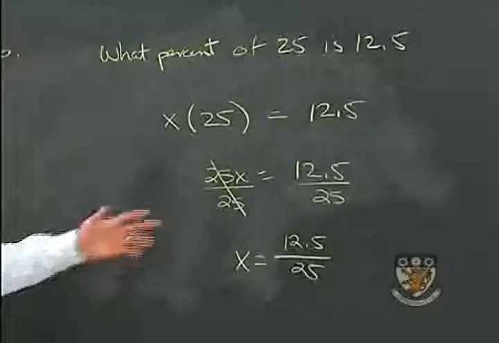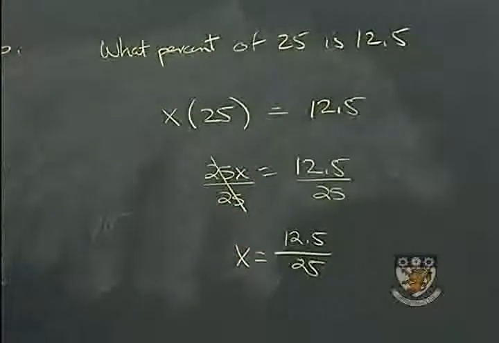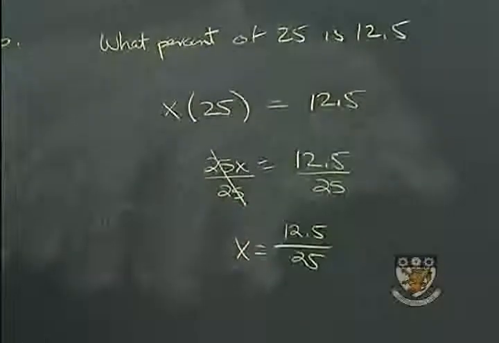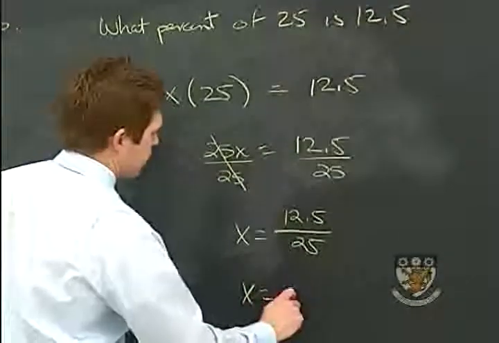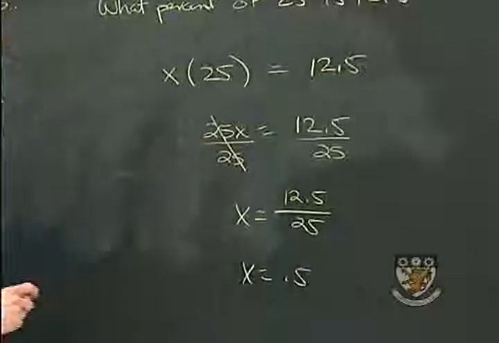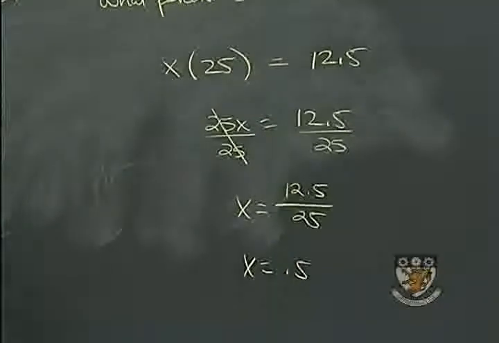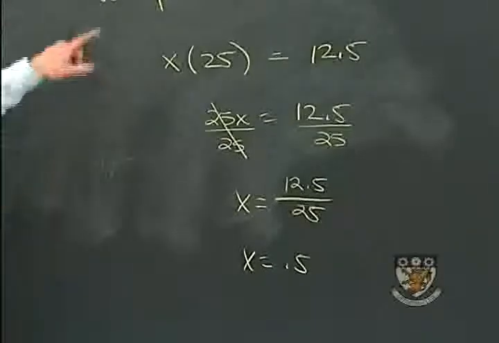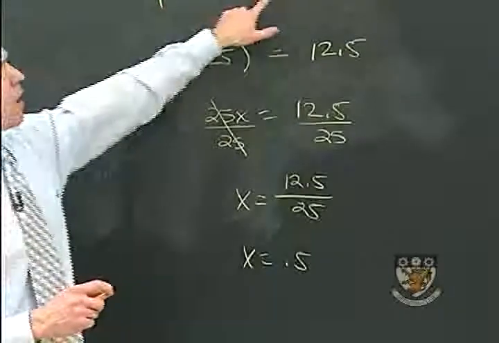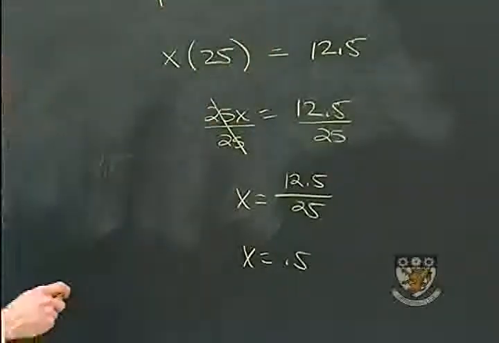Now, if you are familiar enough with these types of numbers, you would see that 12.5 is actually 1/2 of 25. But that isn't our answer because we have 0.5 or 1/2. What was the original question? What percent of 25 is 12.5?